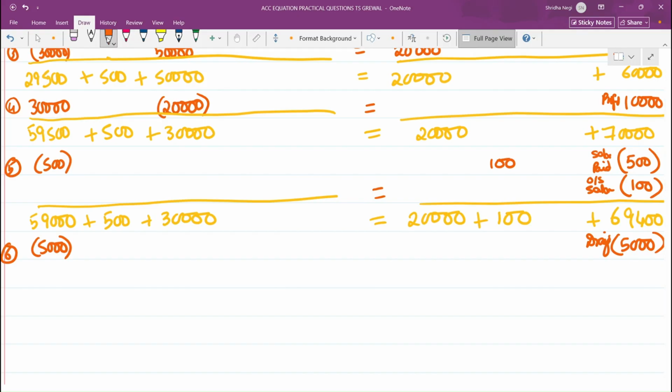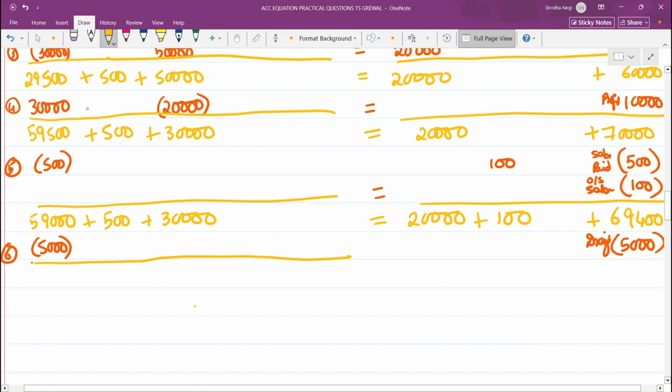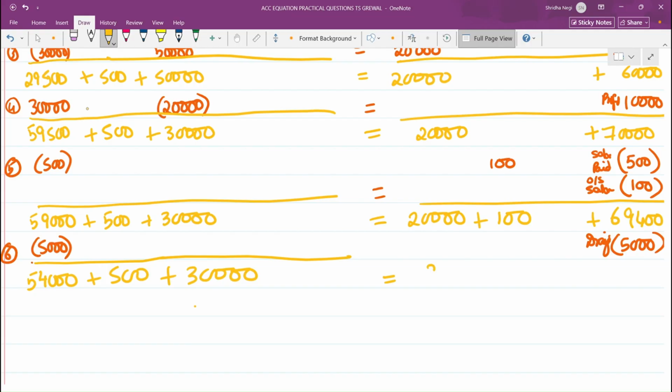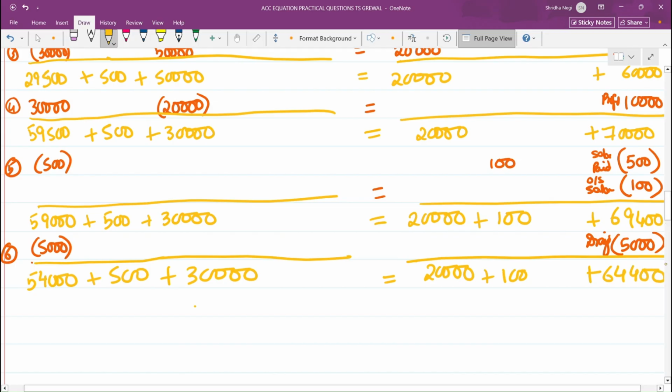ठीक है, understood? So now let's get the values down. कितना हो गया 59,000 minus 5,000, it will be 54,000 plus 500 plus 30,000 stock is equal to 20,000 creditors plus 100 rupees, outstanding salary, plus capital is how much, 64,400, 69,400 minus 5,000.